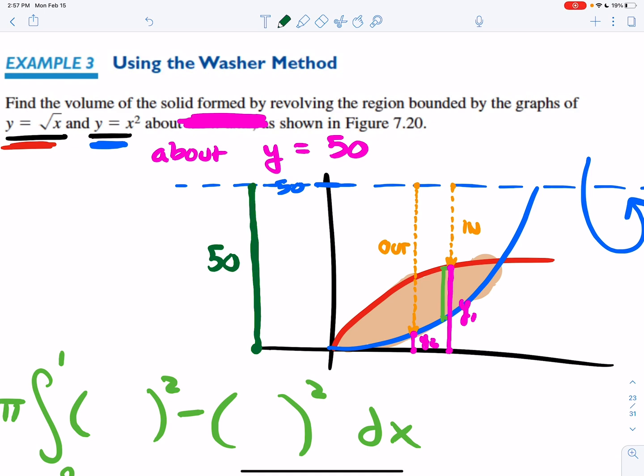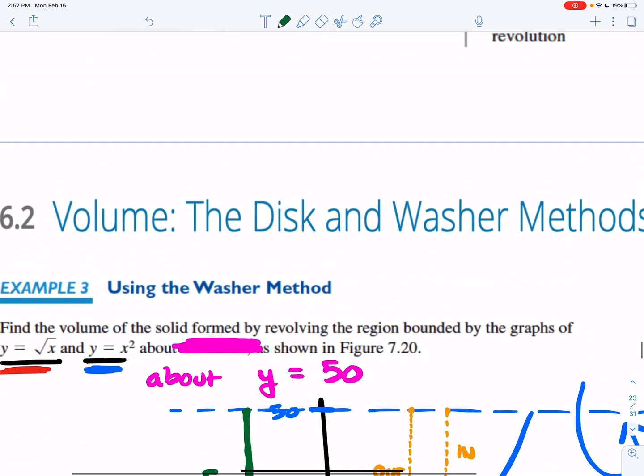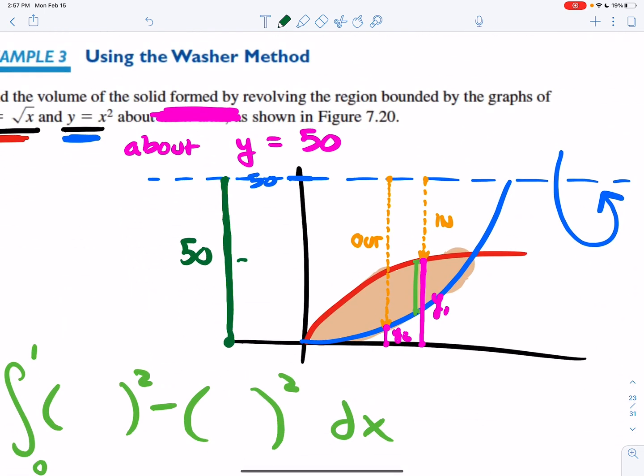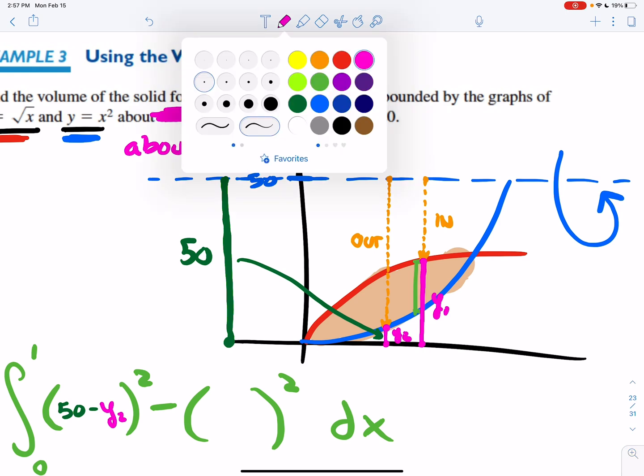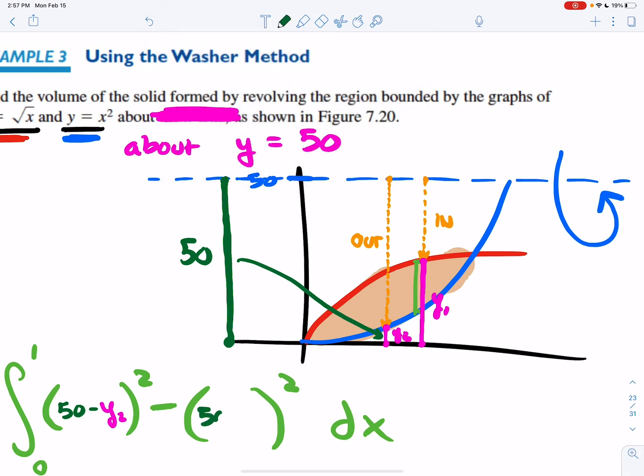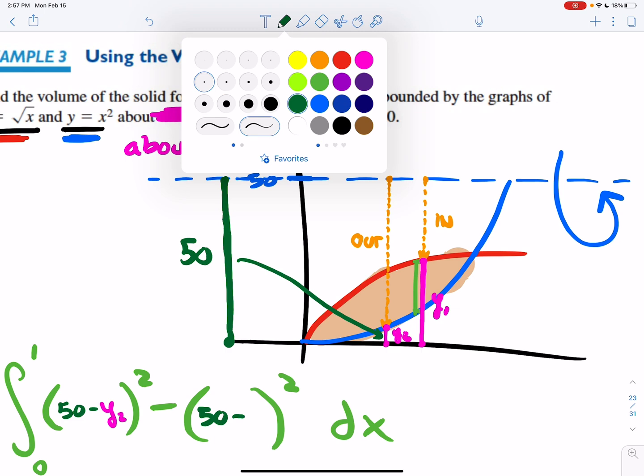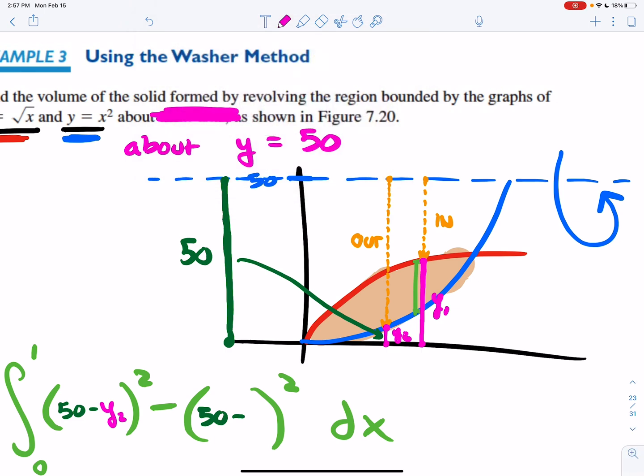So using what we learned back in geometry or integrated math 2, if I take 50 and I subtract out that y2, I should get that outside radius. So my outside radius is 50 minus the y2. Okay, same idea. To get the inside radius, I would have to just take 50 minus that y1.